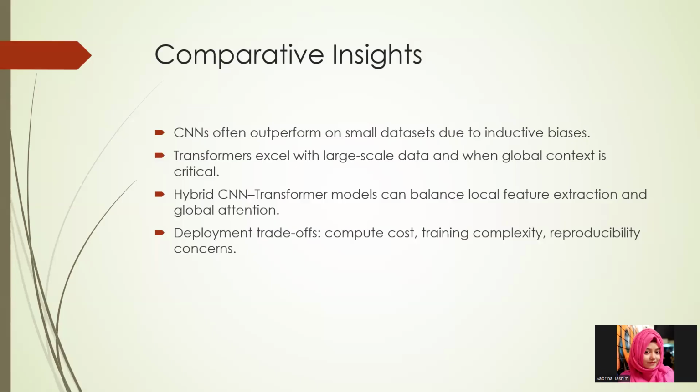Hybrid CNN transformer architectures attempt to combine local feature extraction from CNNs and global attention modeling from transformers. However, hybrid models increase the complexity. Deployment trade-offs must consider computational cost, training stability, reproducibility, and infrastructure availability. Therefore, model superiority depends on context, not architecture alone.